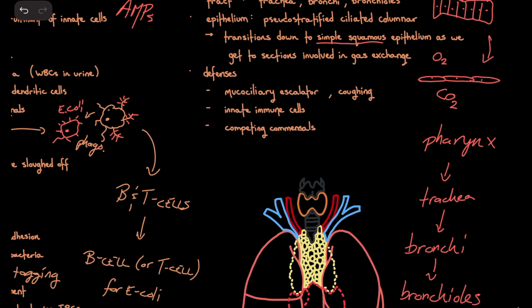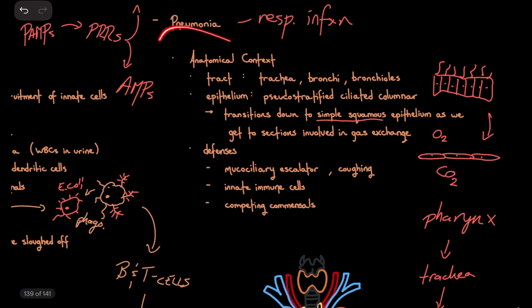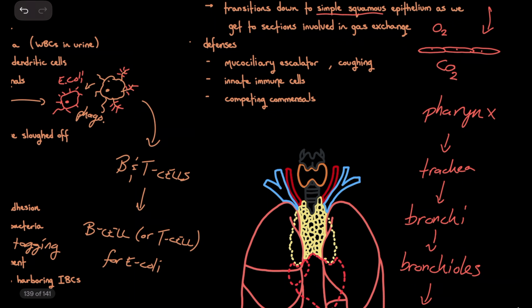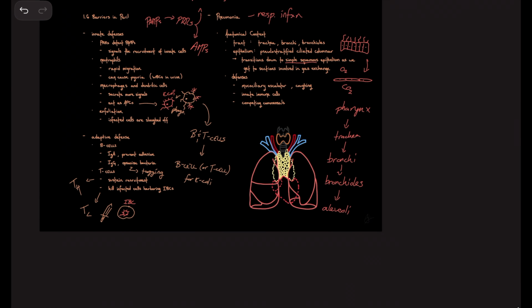Obviously, our innate immune cells, and of course our competing commensals. Any bacteria in the area that have been living in you obviously have not been causing you harm. So if they're taking up space, well, that space is no longer for sale. There's no room for a potentially harmful bacteria such as pneumonia to come on in. So those are our defenses there.